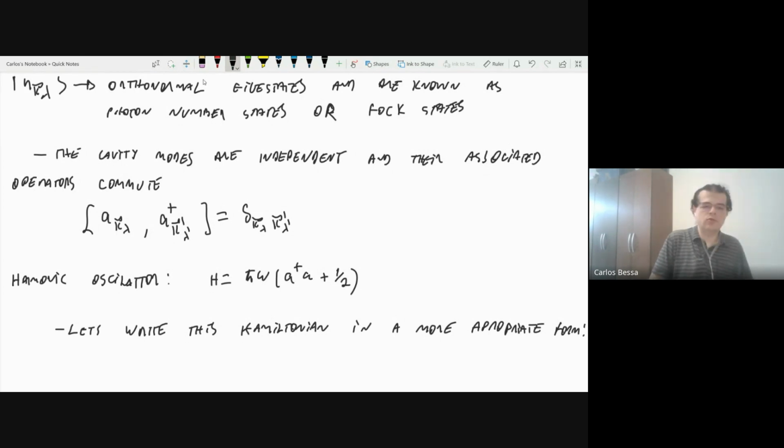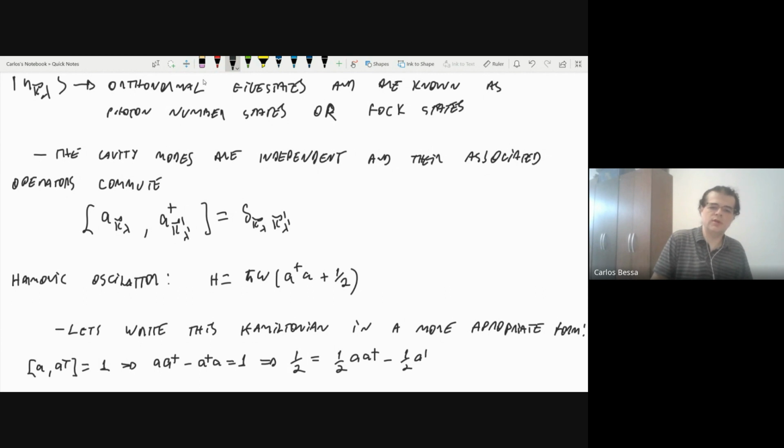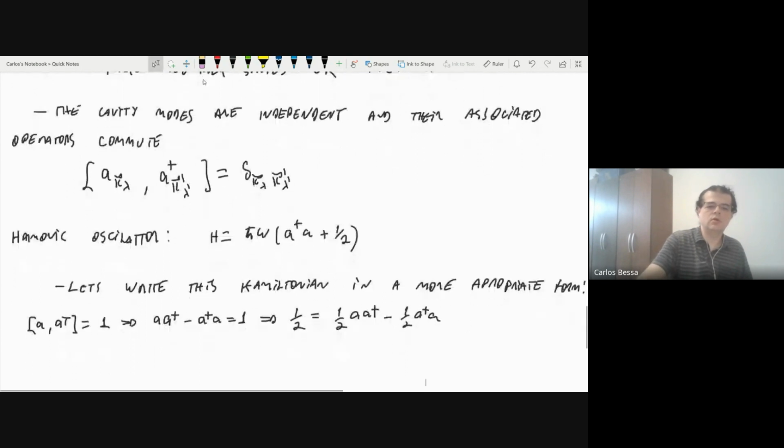So remember that a a dagger minus a dagger a is equal to 1. So I could write a a dagger equal to 1 plus a dagger a, and if I divide both sides by 2, I have 1/2 a a dagger equal to 1/2 plus 1/2 a dagger a.